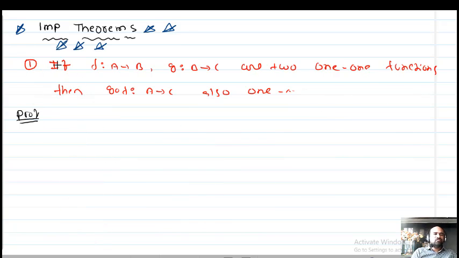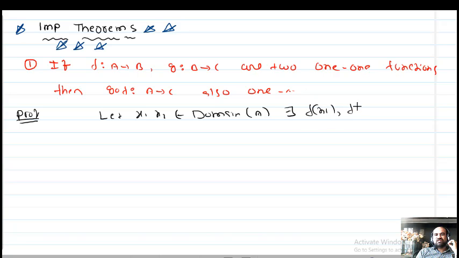Okay, listen all of you. Let x1 comma x2 belong to the domain A. Which domain? The domain of function f, this one. Then there exist f of x1 comma f of x2 belonging to B, or you can write codomain. Why? What is the reason? F is a function.